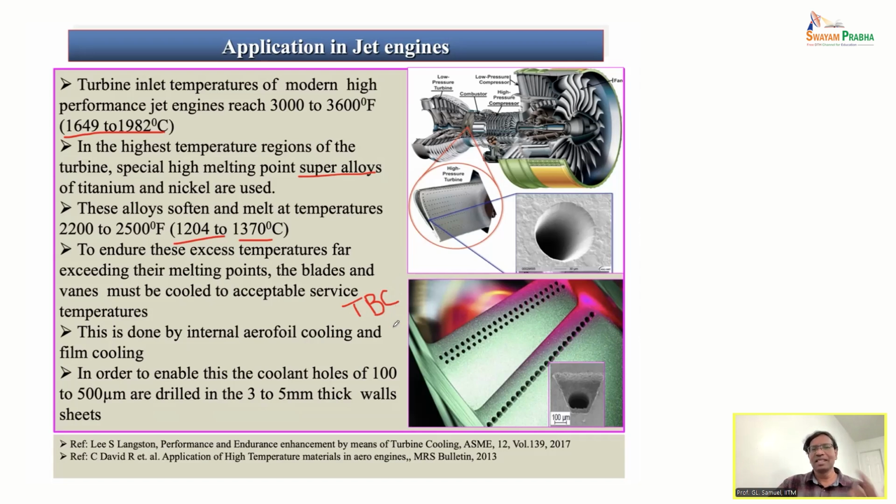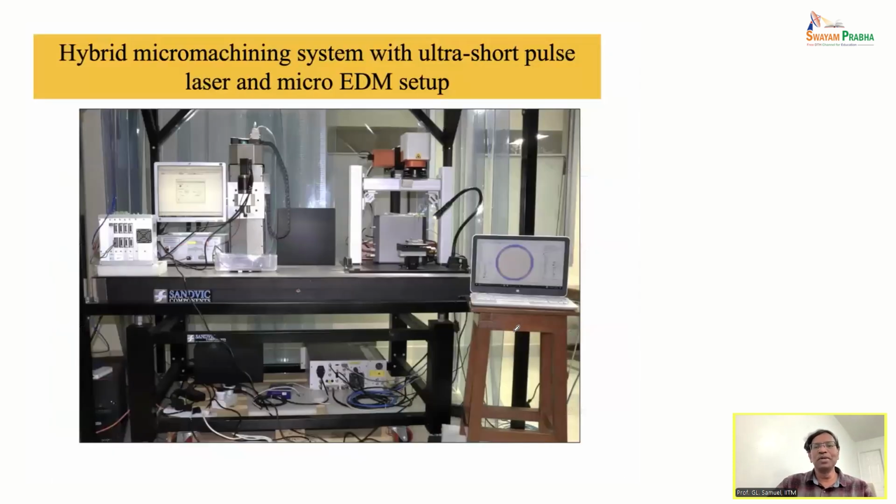That is one. The second mechanism is that through these holes, a cool fluid will be sent and film cooling will take place, which removes the heat. Through these mechanisms, we are able to work at higher temperatures.